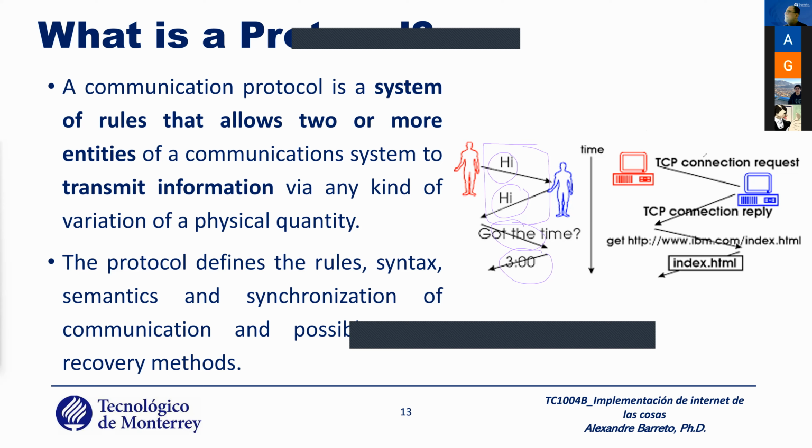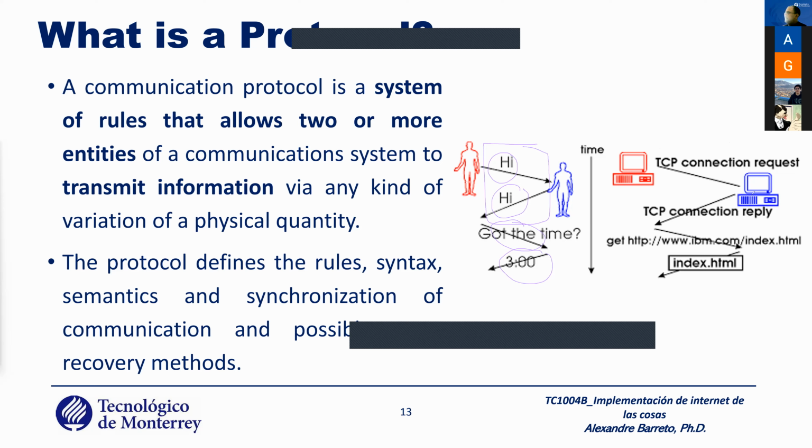In TCP, you have the initialization of the communication, a protocol that defines how the node introduces itself in the talk. For example, the machine that you want to talk to sends a request.